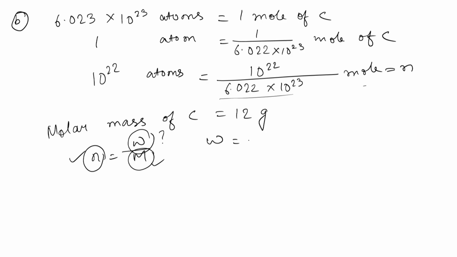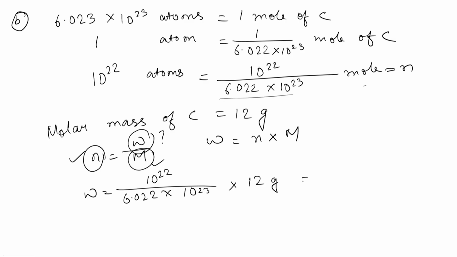So, W is equal to N into M. Okay. So, weight is equal to, N is this many number of moles, into molar mass is 12 grams. So, this comes as 0.2 grams. So, the weight of 10 to the power 22 atoms of carbon is 0.2 grams. Okay.